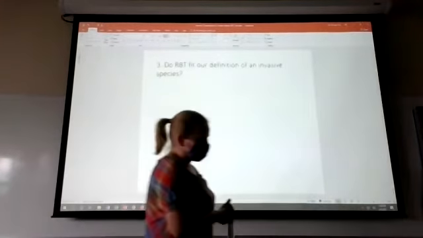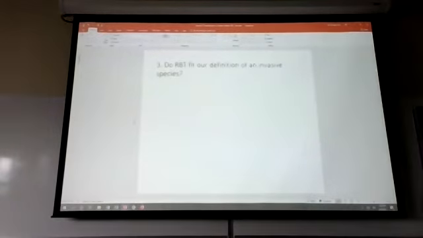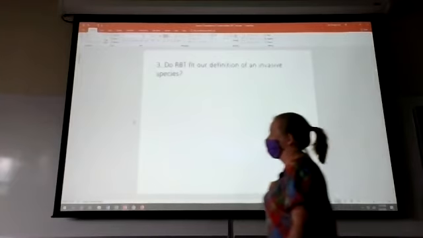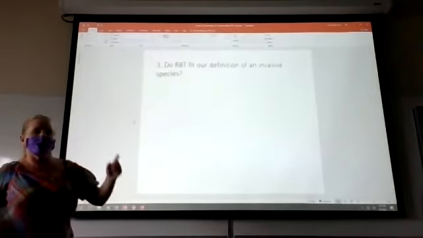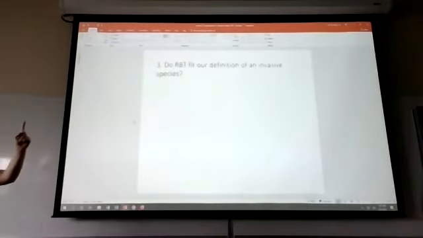All right, so does rainbow trout fit the definition? What is the definition? It's not native, causes damage. Is it native? Rainbow trout, are rainbow trout native to the Colorado River?